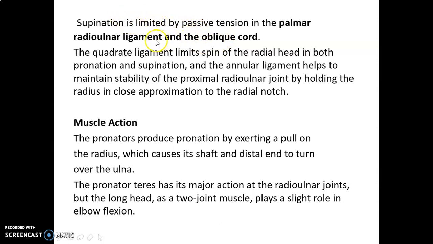The quadrate ligament limits spin of the radial head in both pronation and supination, and the annular ligament helps to maintain stability of the proximal radioulnar joint by holding the radius in close approximation to the radial notch.